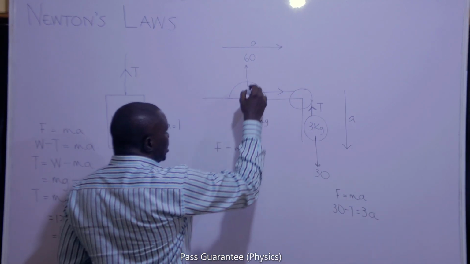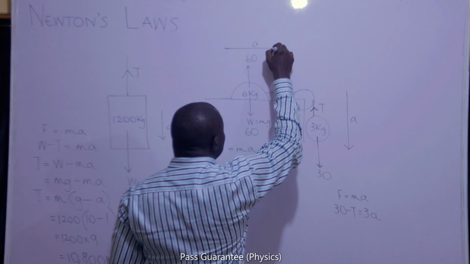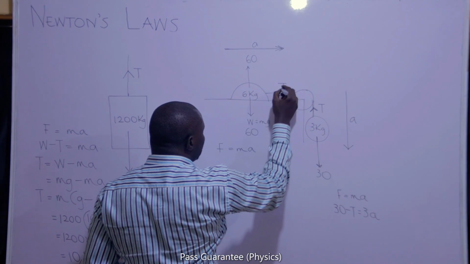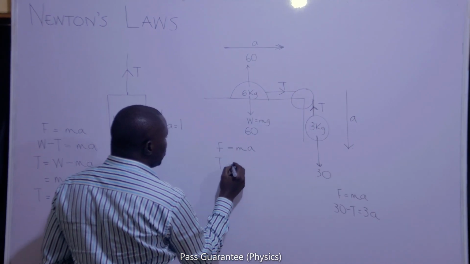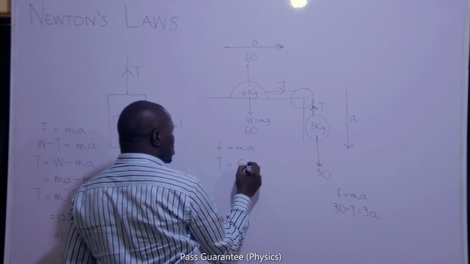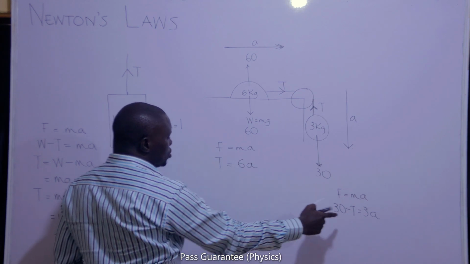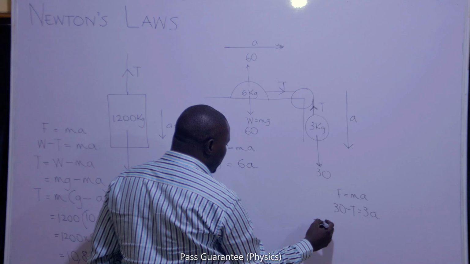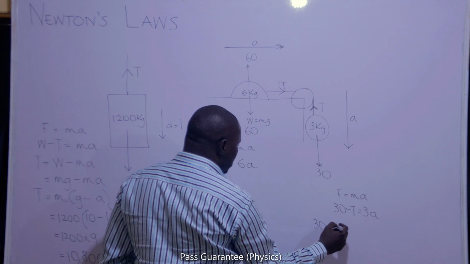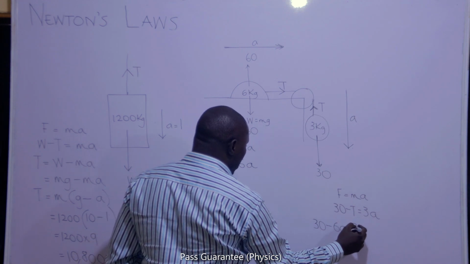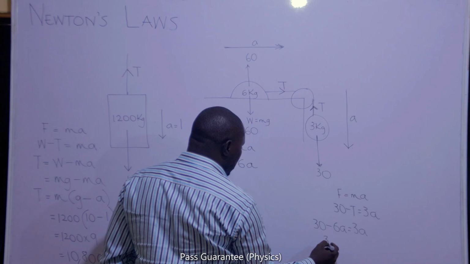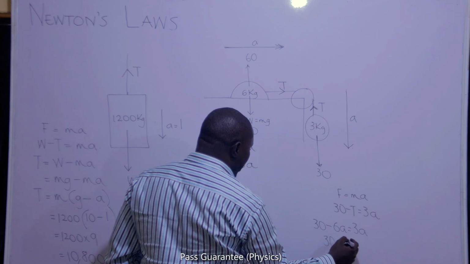For the other one, it is moving in this direction, and the only force in that direction is this tension. So I'll say the tension is equal to the mass, 6, multiplied by A. So I can substitute this for T. I will have 30 minus 6A is equal to 3A. And that will be 30 is equal to 9A.